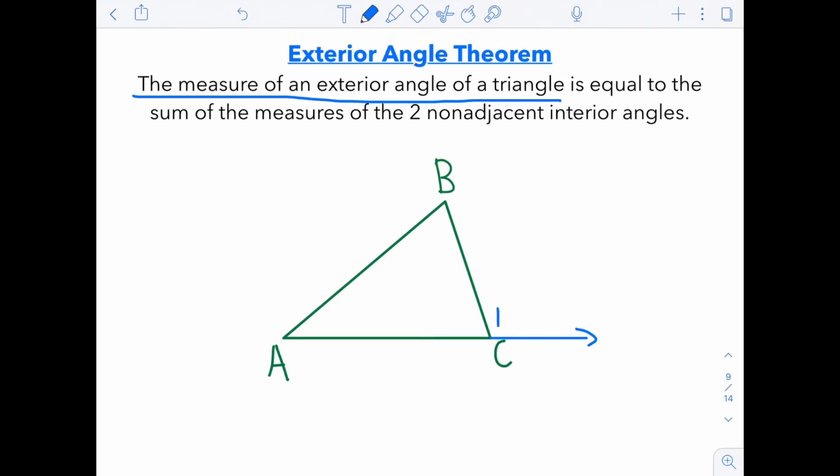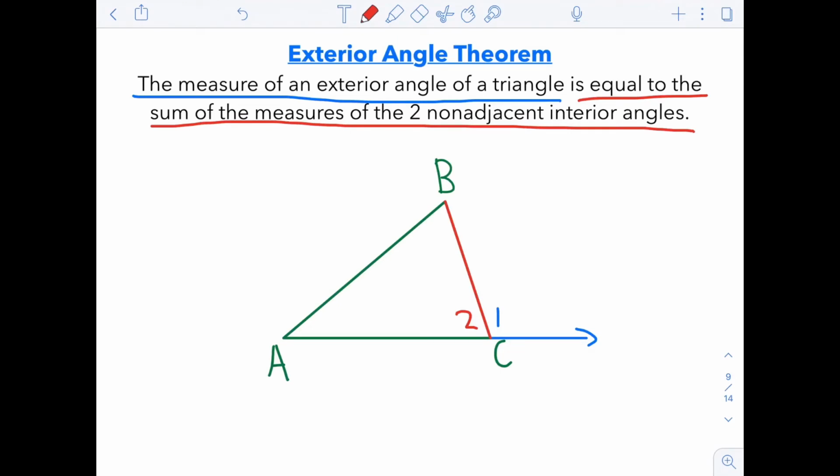And we know that it's equal to the sum of the measures of the two non-adjacent interior angles. So remember, adjacent means that it's right next to each other, that it has a common side. So angle 2 right here is adjacent to angle 1 because they have this common side right here, and they're right next to each other.